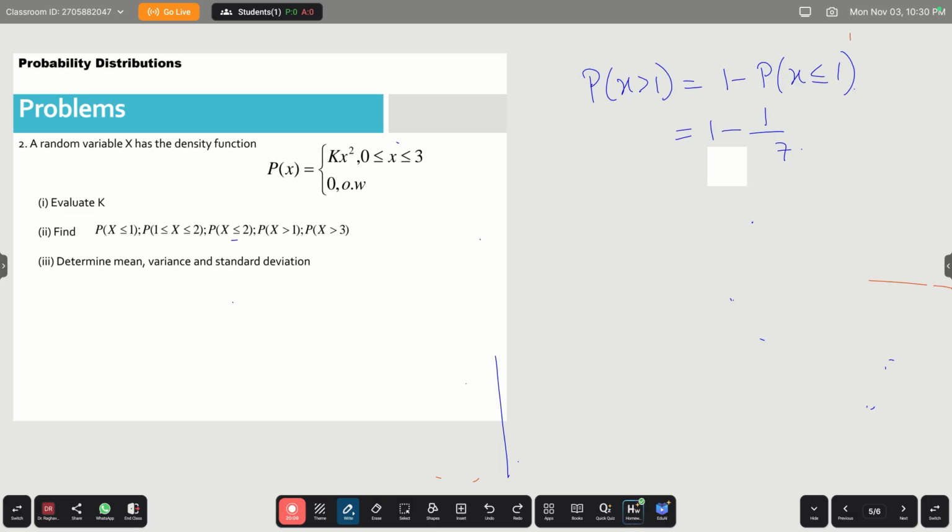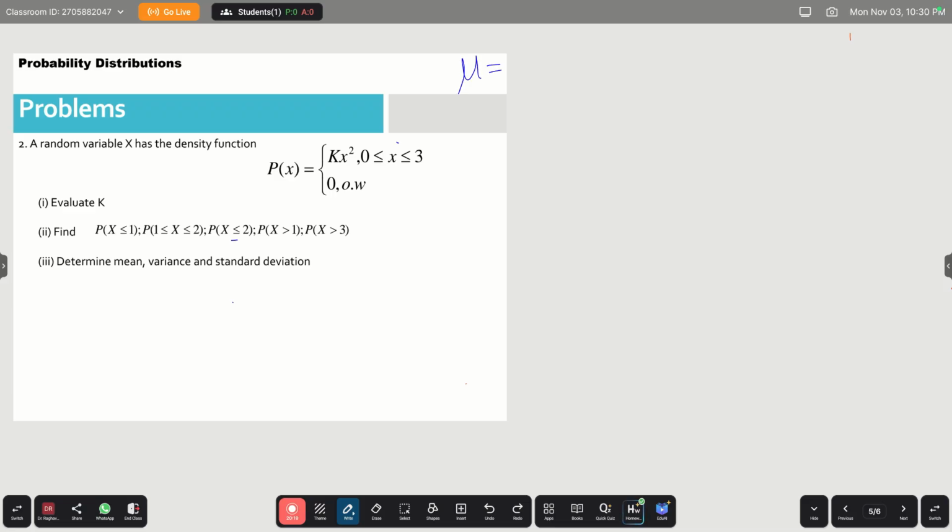Let us calculate the mean, variance and standard deviation. So I'll take the formula for mean and calculate it. What is the formula for mean? Mean is the integration of x times f of x dx, from minus infinity to plus infinity. But again and again I am repeating, p of x is not the same everywhere.